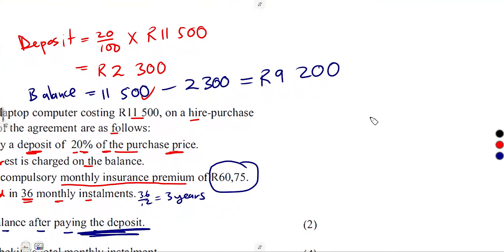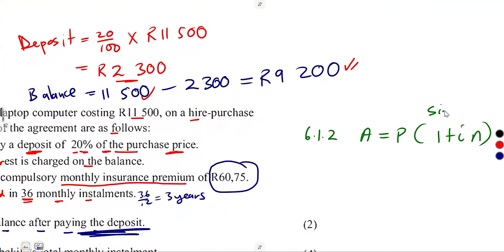Remember, this is the balance that is remaining. She paid something, then there's a balance. So the amount to be paid must be taken from the balance this time. So amount is equal to, this is simple interest, so P times 1 plus IN, because it's simple interest that we are talking about.